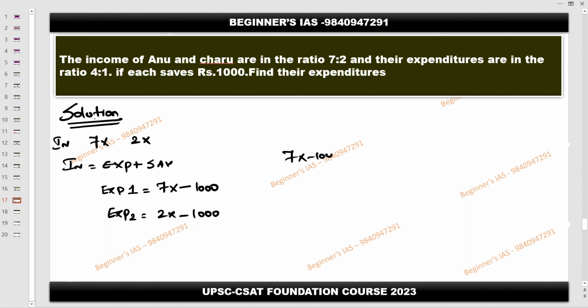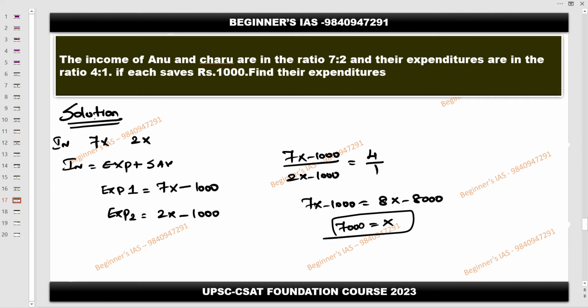Therefore 7x over 2x, which is equal to 4/1. So 8x minus 8000. So therefore 7000 is equal to x, isn't it?